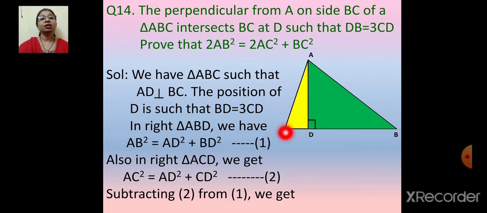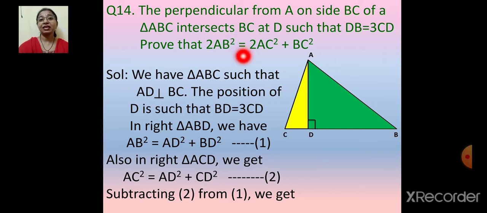Now come to the yellow color triangle ACD. Again apply Pythagoras theorem. So AC square is equal to AD square plus CD square. Children, see, on the left hand side AB square and AC square, and in the required expression AB square and AC square are on either side of the equal to sign.